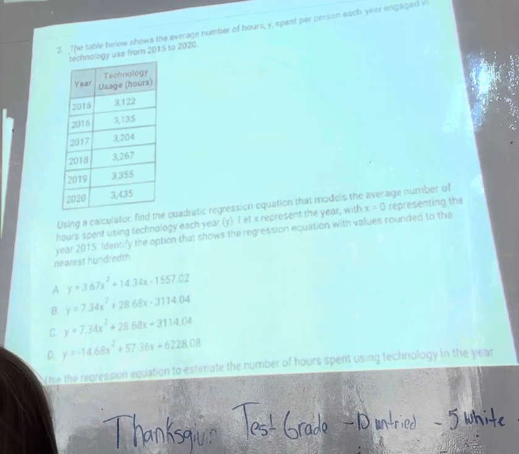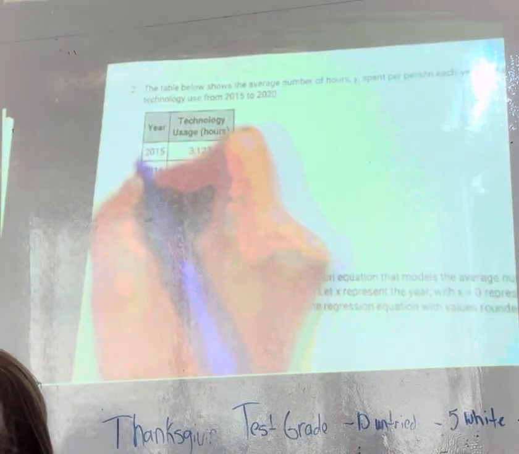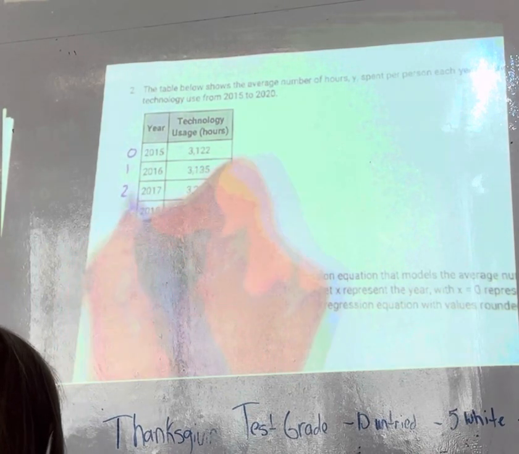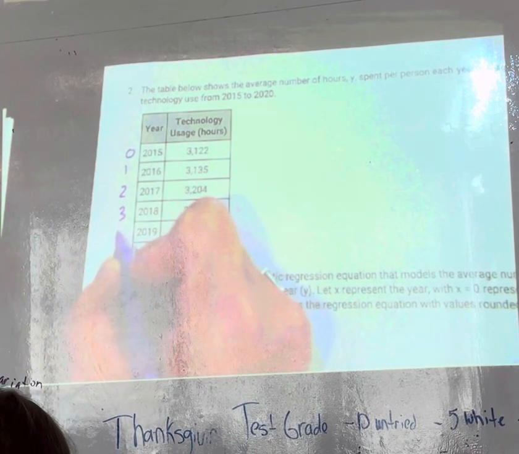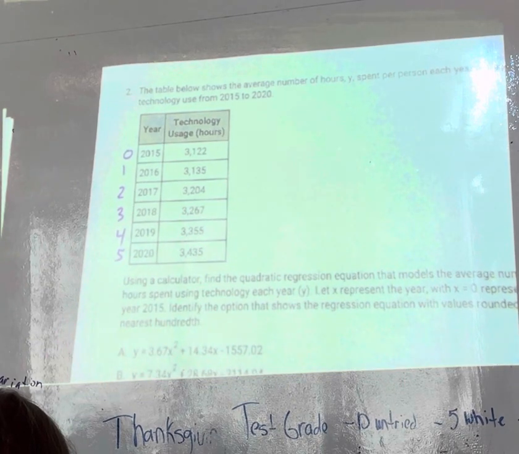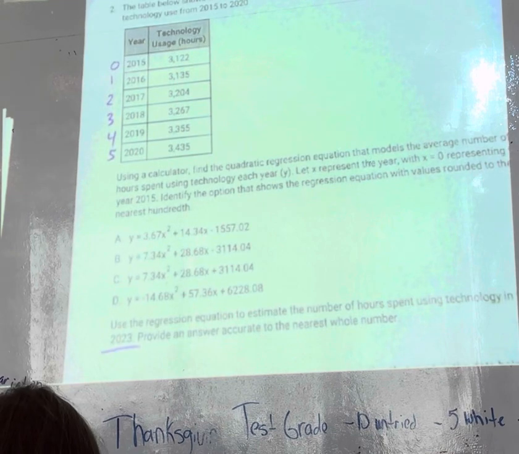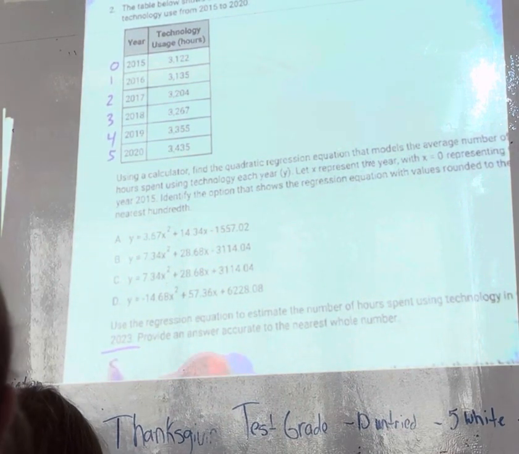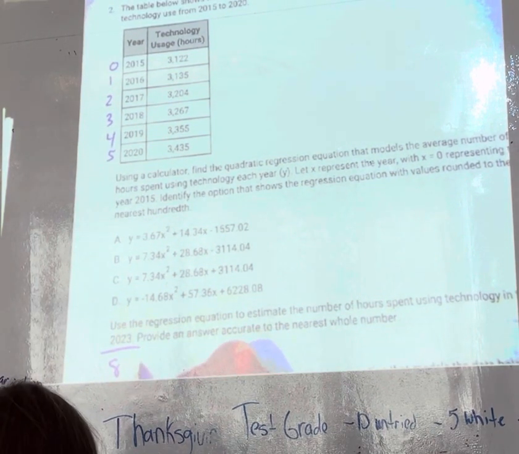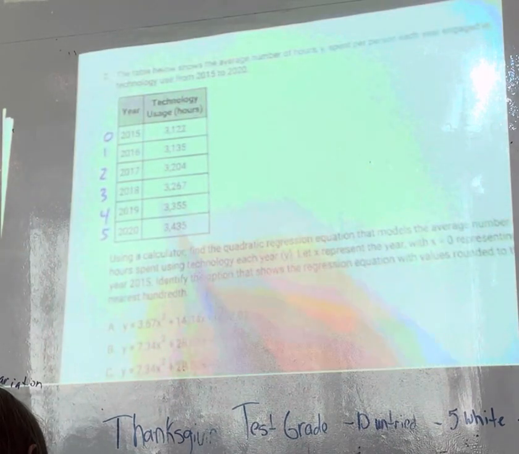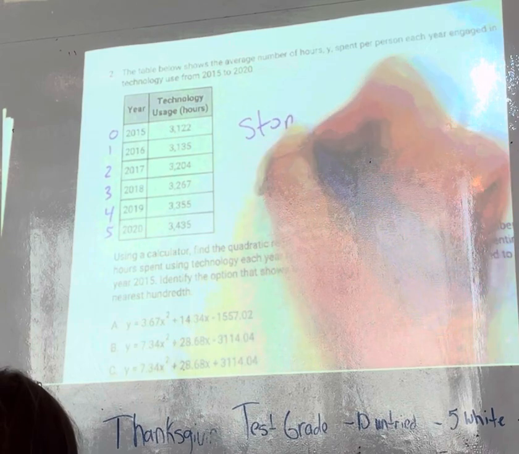So if 0 equals 2015, what is 2016 going to equal? Yeah, so if 2015 is 0, 2016 is going to be 1, 17 is 2, 18 is 3, 4, 5, and so what is 2023 going to be? 8. Okay, so you're going to look when x equals 8. So when you see the years, stop and read.